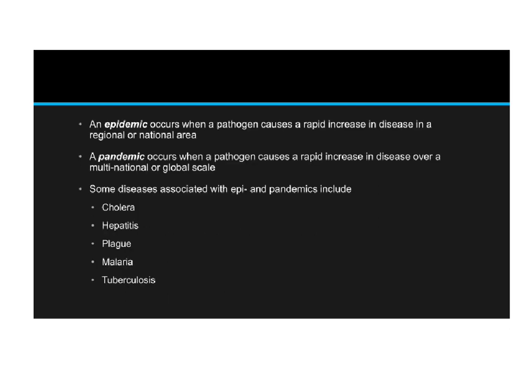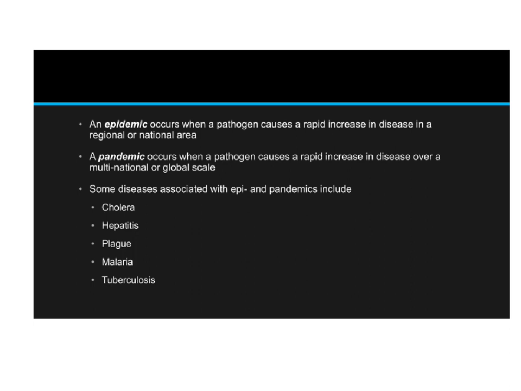An epidemic occurs when a pathogen causes a rapid increase in disease in a regional or a national area. A pandemic occurs when a pathogen causes a rapid increase in disease over a multinational or on a global scale. Pan means across, so pandemics are going to be wider spread than epidemics.